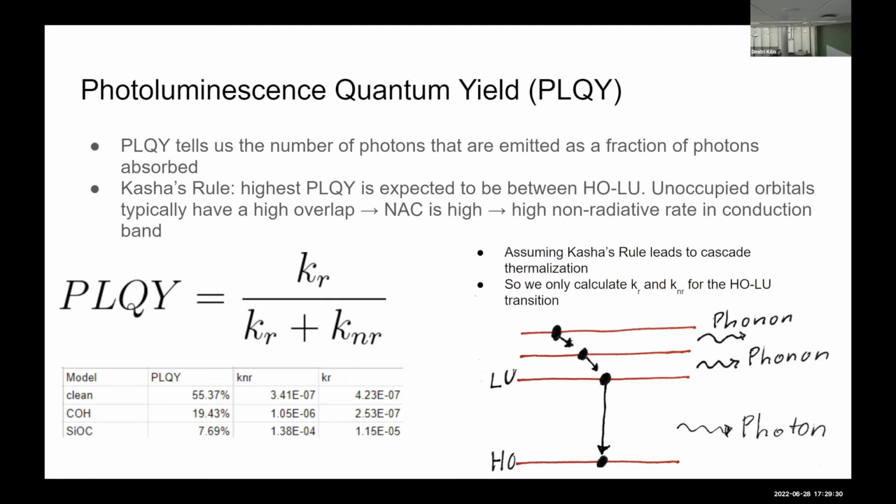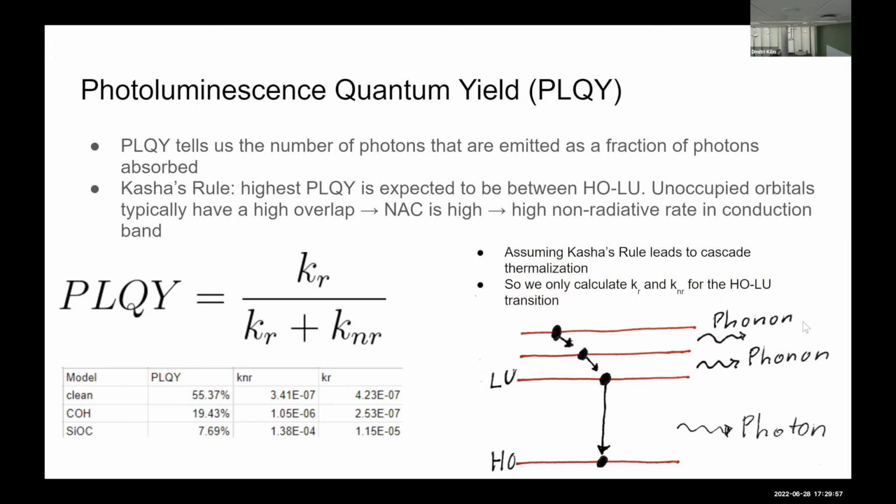And then the only transition that will release a photon is between the LUMO and the HOMO. This doesn't happen all the time, which I'll talk about in a second. But this will greatly simplify this equation over to the left into what it is. If you are concerned about photon emission from higher excited states, this equation will become much more complex.